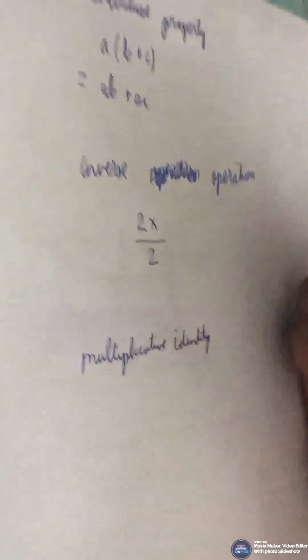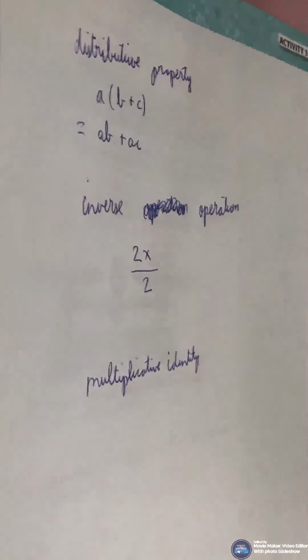So you should review these three properties before starting. So let's start with activity 10, lesson 10-1, page number 119, and let's start with number 1.